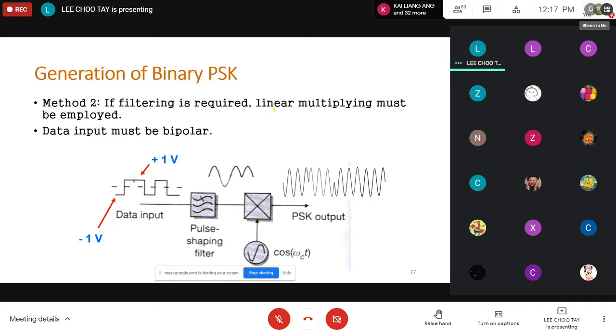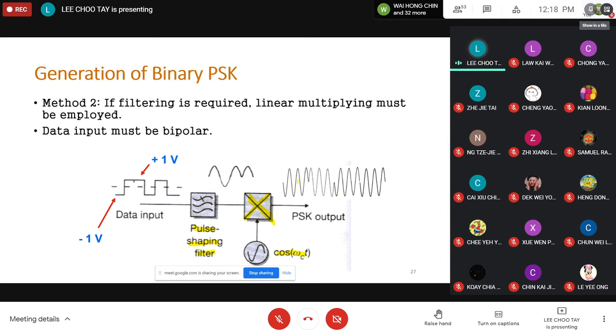So if we are going to use filtering and we want less bandwidth for transmission, then we can modulate by using multiplication. Again, this is similar to our double sideband suppressed carrier modulation technique. We multiply our digital data with a carrier signal. But if you want a lower bandwidth, then of course the digital data we pass to a pulse shaping filter first. That will reduce the bandwidth of our data, and then there will be less bandwidth for the PSK signal.